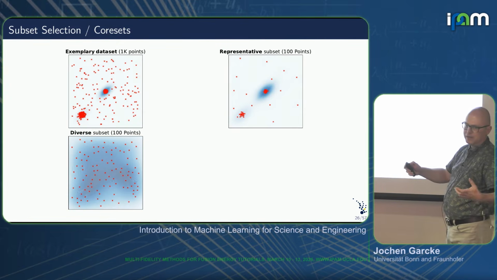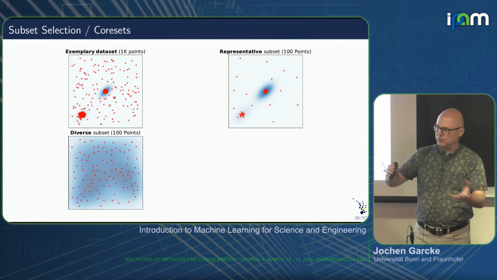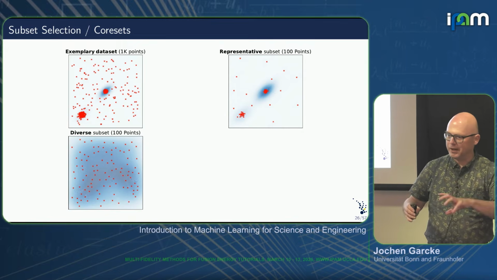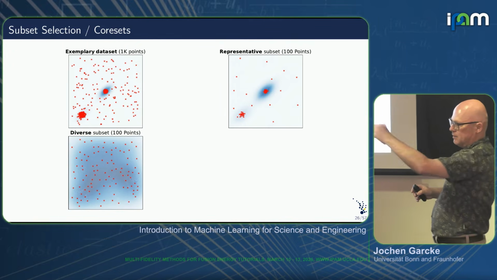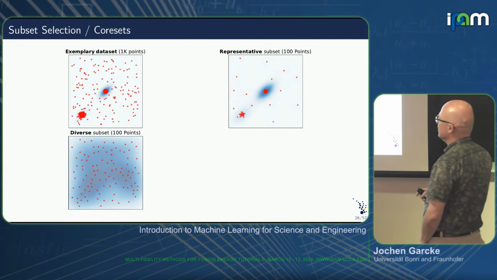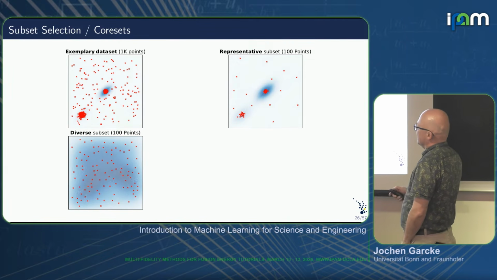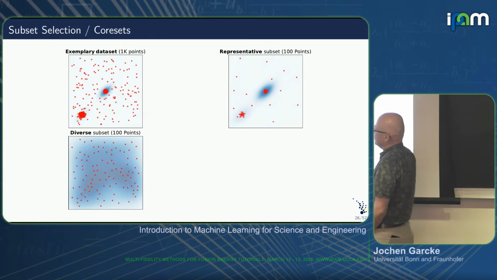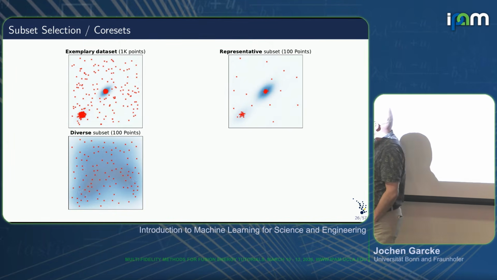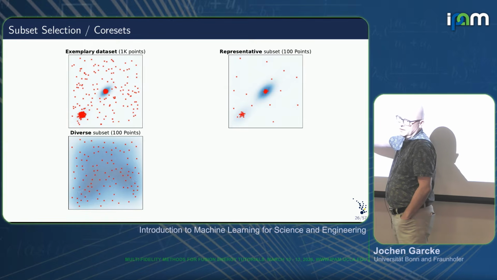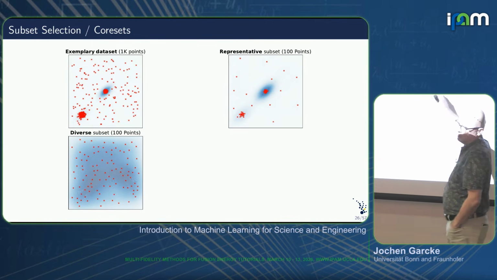But this is now optimized over covering the domain. So essentially, algorithm-wise, one uses something like farthest point sampling. So adding the point farthest away from the data. And one can show that if I want to optimize the max error, this is an advantage over this one.